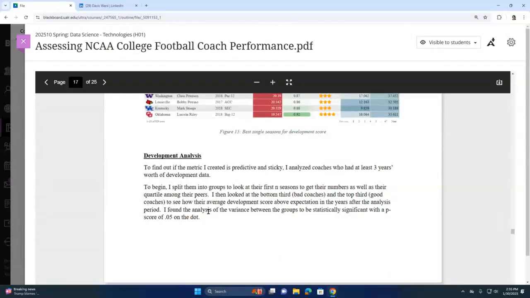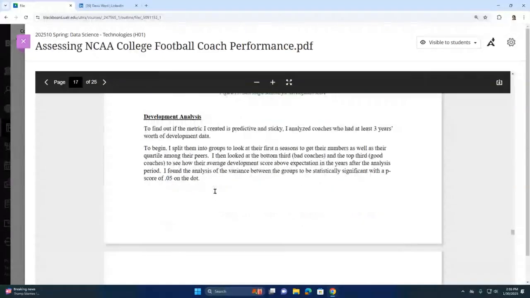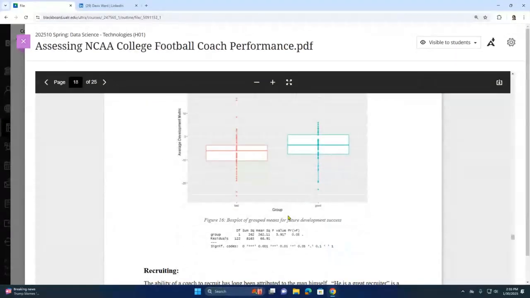And then, similarly, he compared, based on their most recent seasons, how is the good group doing against the bad group? And he noticed that the good group was still outperforming the bad group in terms of the development metric.